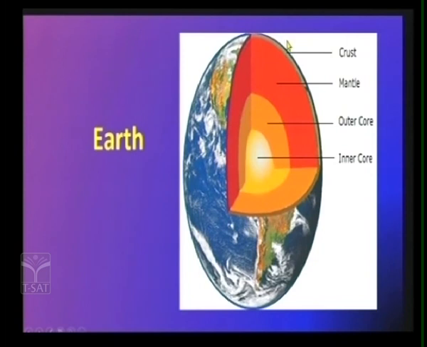On this crust we can see life, and when you go inside, the mantle has a semi-solid flow of matter, and the inner core is in the liquid state because of the high pressure and temperature.